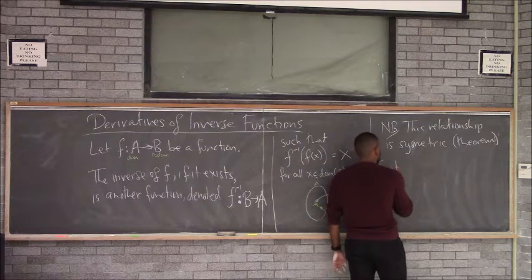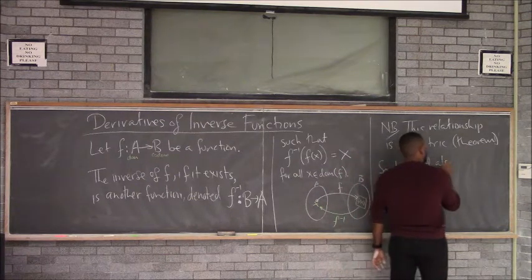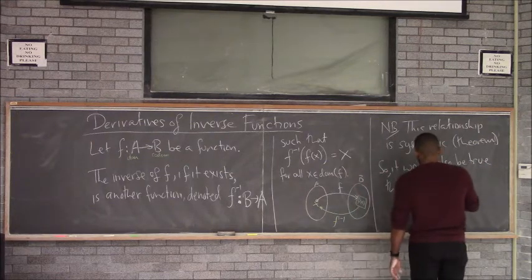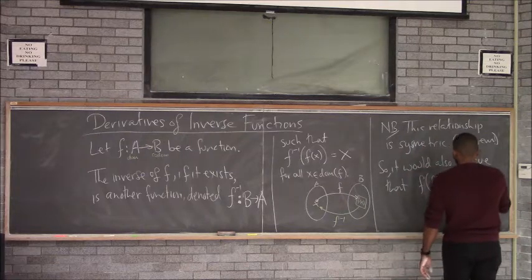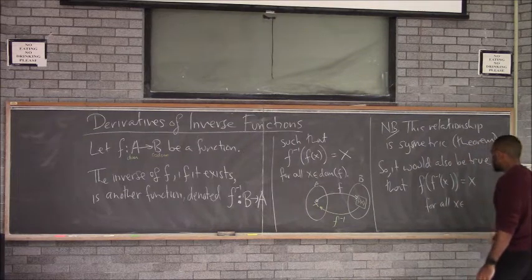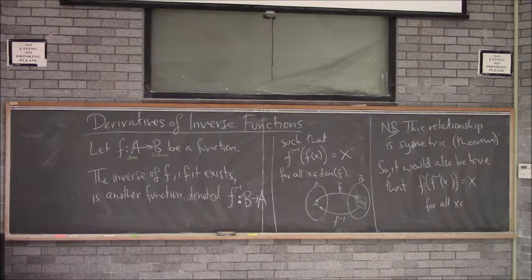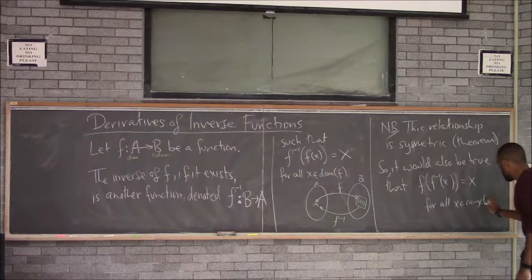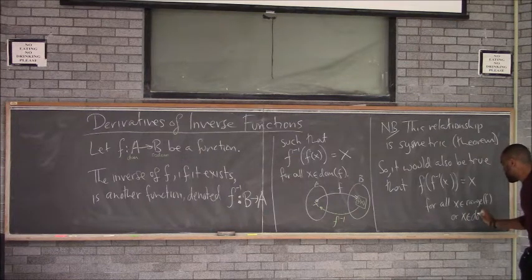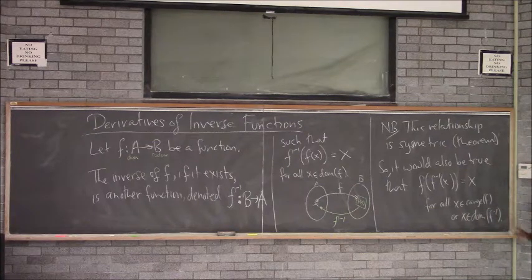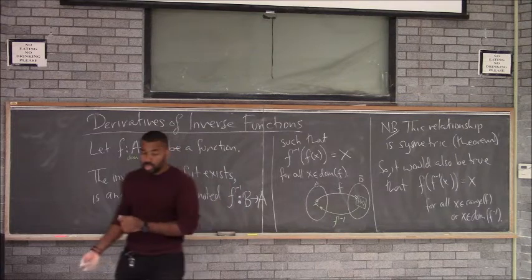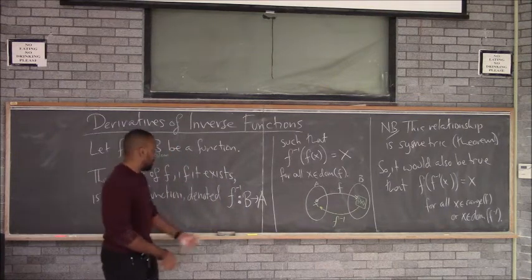So it would also be true that f of f inverse is also going to be x, but this will work for all x in the range of f, or equivalently, for all x in the domain of the inverse. So that's what an inverse function does. A function will do something, an inverse function, if it exists, undoes all that stuff.